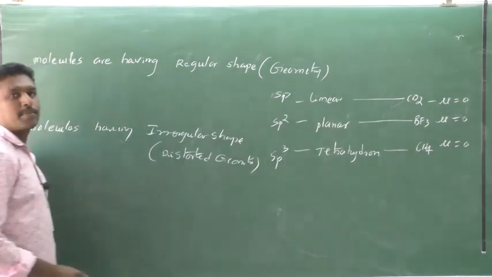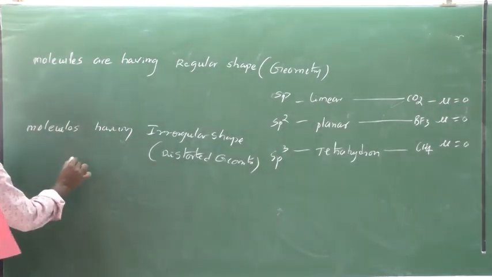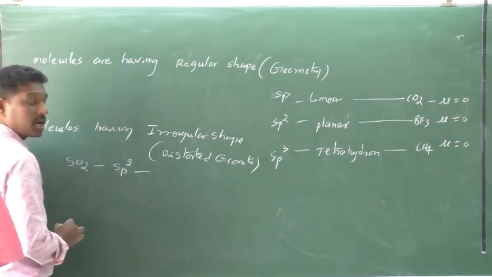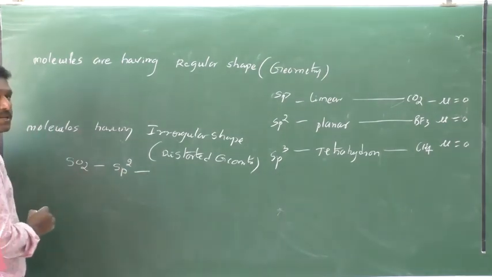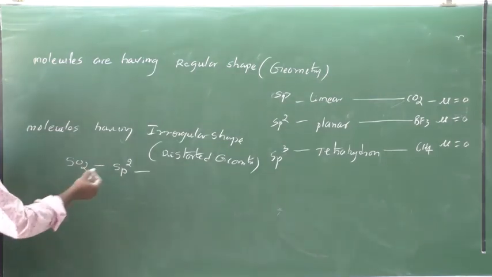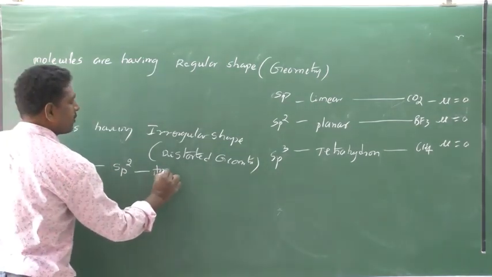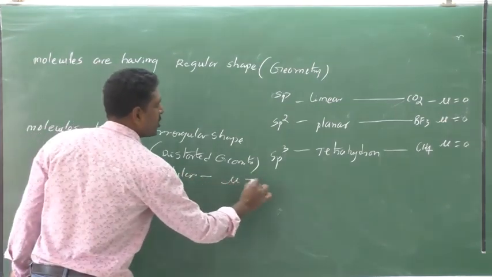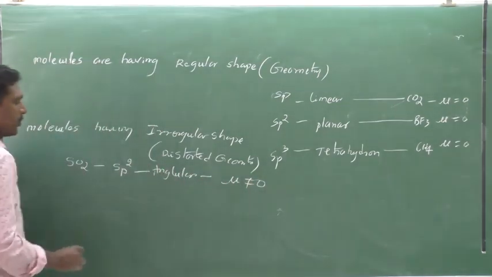In SO2, hybridization is sp2, but the shape is not planar, it is angular. Therefore, mu is not equal to 0.